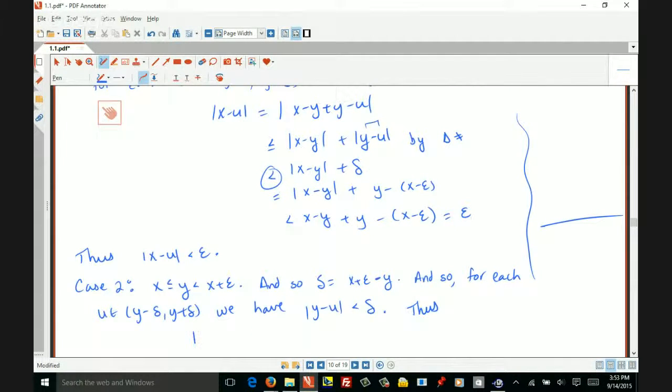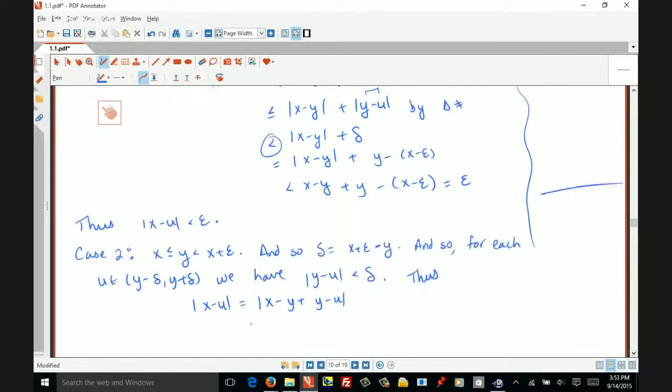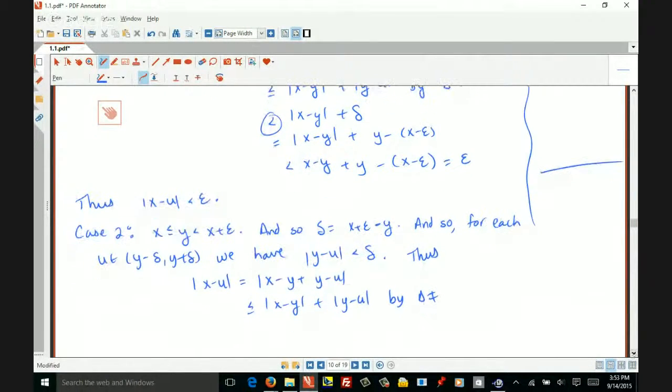Now we can plug it in. x minus u is equal to x minus y plus y minus u, and that, by the triangle inequality, is less than or equal to x minus y plus y minus u. Replace the y minus u, that's going to be strictly less than x minus y plus delta.